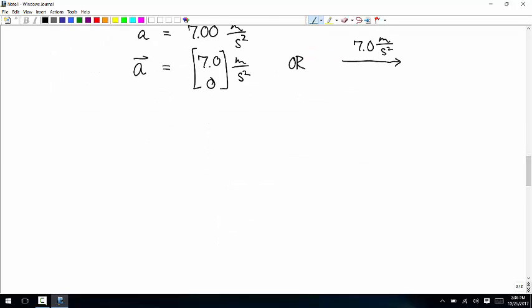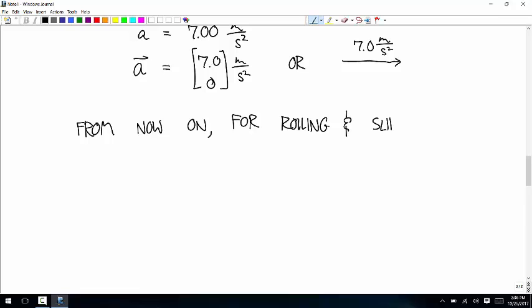From now on, when we do rolling and sliding problems, we're going to start choosing coordinate systems that are sometimes not the usual coordinate system.